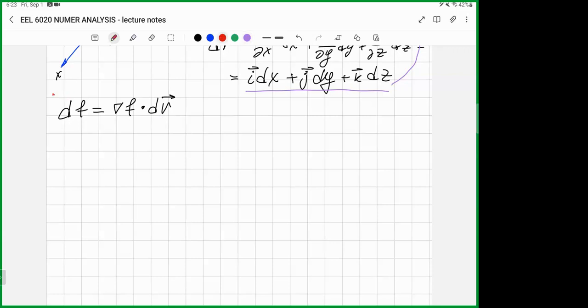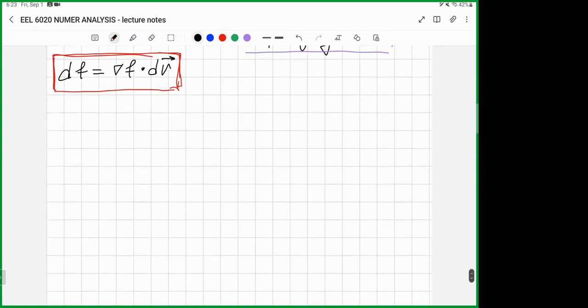So I guess this formula deserves to be put in a red frame. All right. So the differential of any scalar function can be represented as the scalar product of the gradient with the differential of the radius vector.